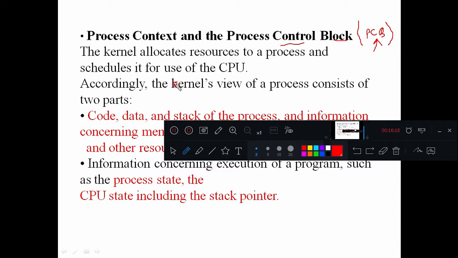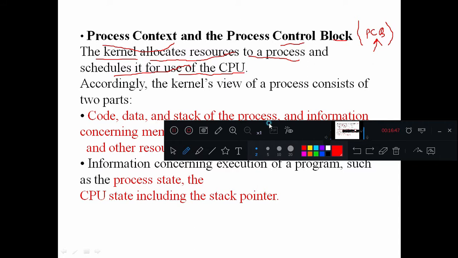Now we will see what is a process context. The kernel allocates resources to a process, this we have already known, and schedules it for use of a CPU, right? Once the process requests its execution, what happens? The operating system will allocate a CPU to that particular process, and whenever it requests resources, those resources will be granted by the operating system, right?